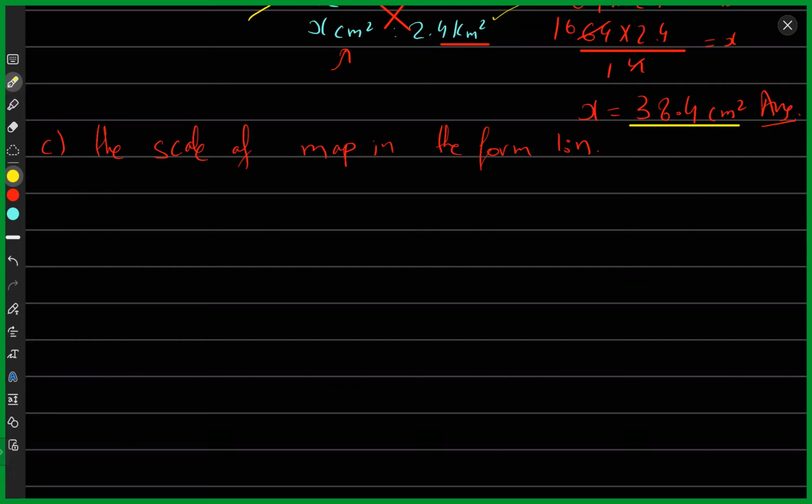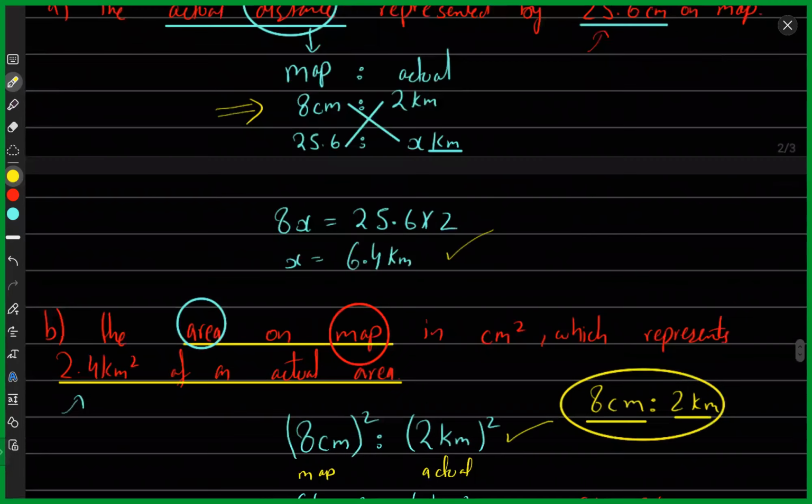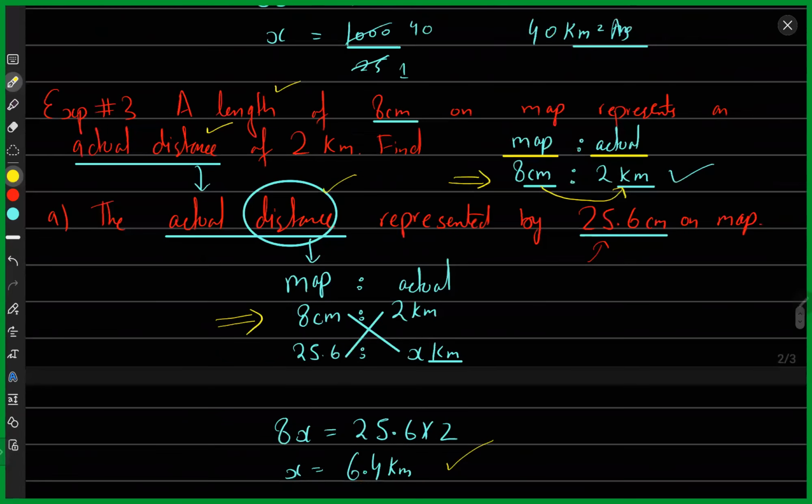So let's see what exactly the length scale was. The length scale was 8 centimeters ratio 2 kilometers.